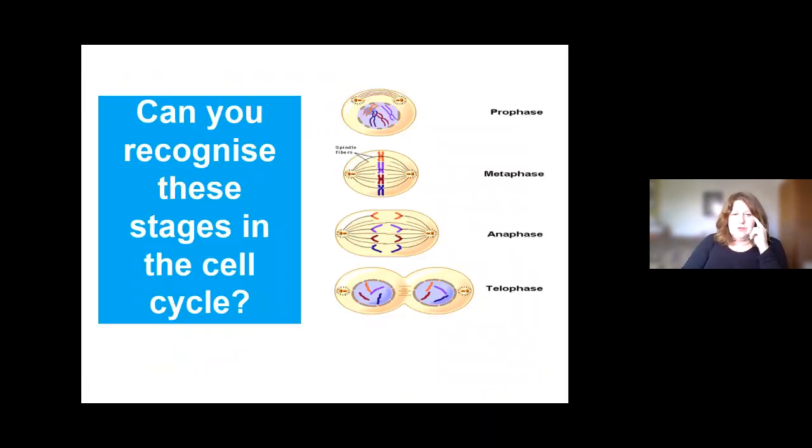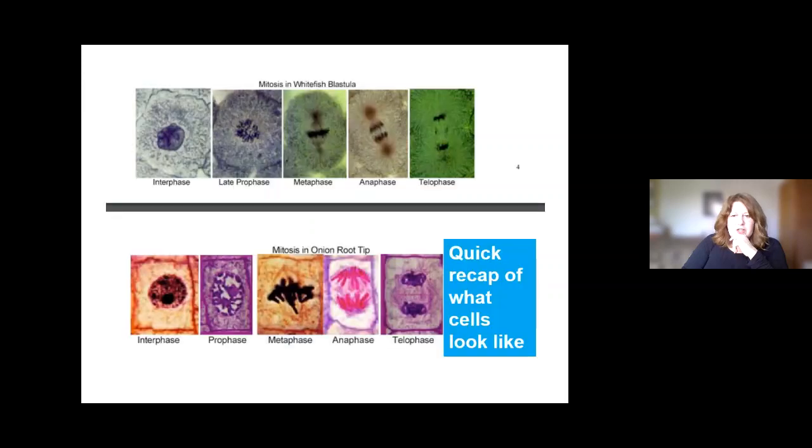So what I thought we'd do now is have a little go to see if we could recognise these different stages in the cell cycle in PMAT, because as I've said, this is one of the strategies that you need to be able to put into place. And this is a little recap of a number of different images here. I've shown you this because there are subtle differences between interphase and prophase when you see them in microscope images.